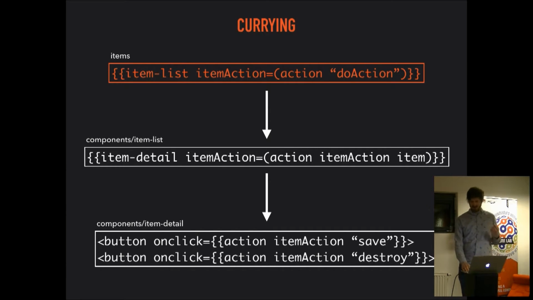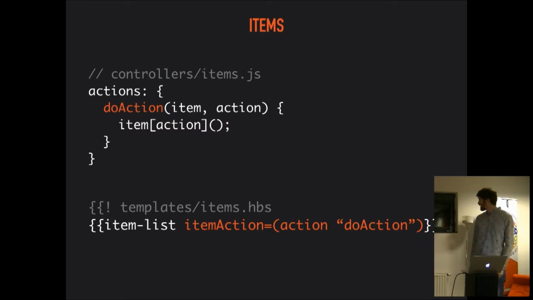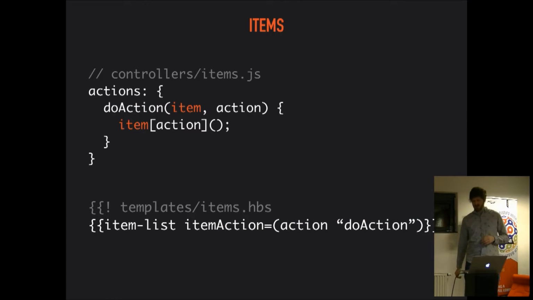So let's look at the items controller and template first. We have a do action defined, which expects an item and an action, and it will call the action on the item as a function.